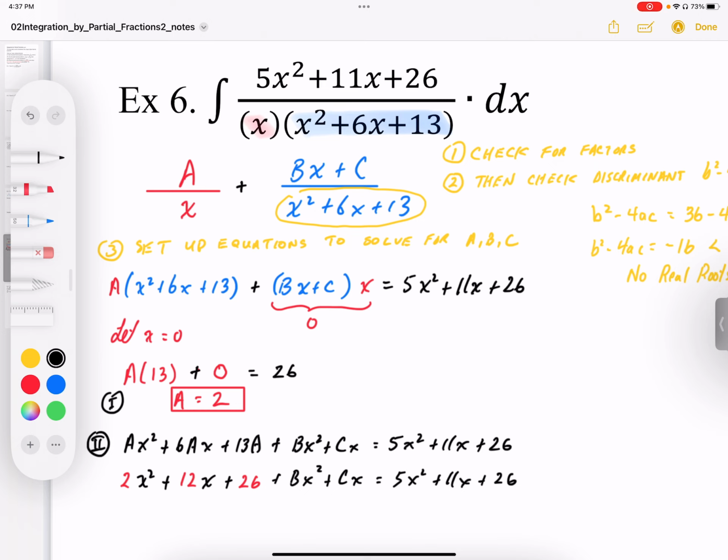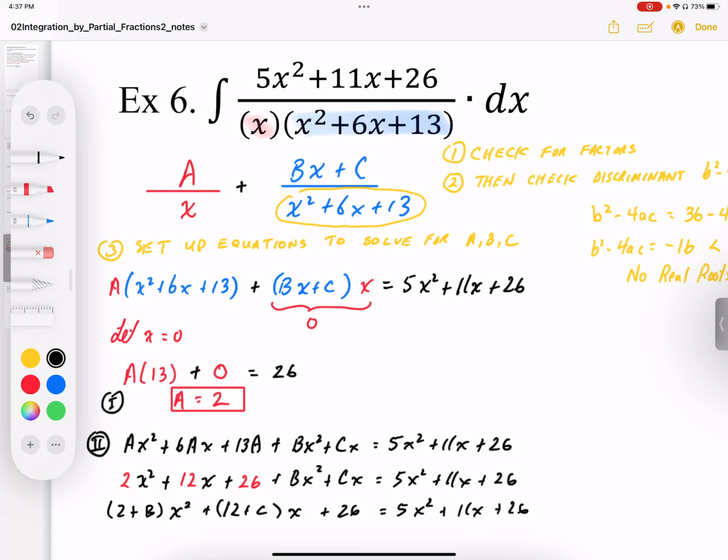I'm going to group these coefficients. I end up with 2 plus B as the coefficient on my x squared. When I group my x terms, I get 12 plus C times x, plus 26, equal to 5x squared plus 11x plus 26.